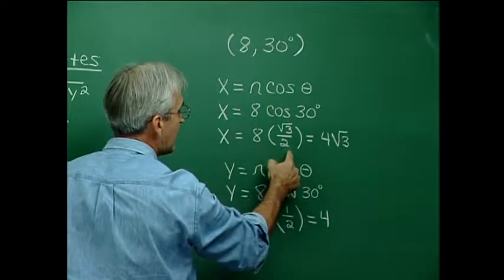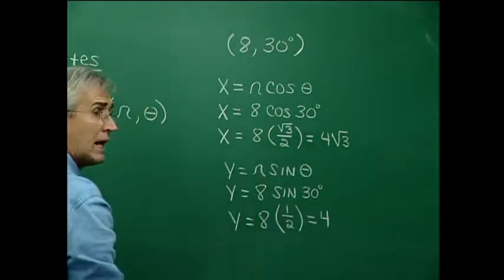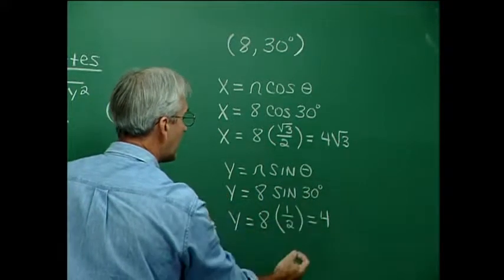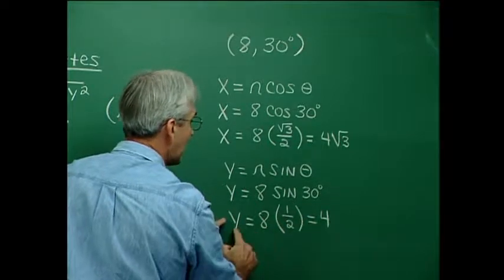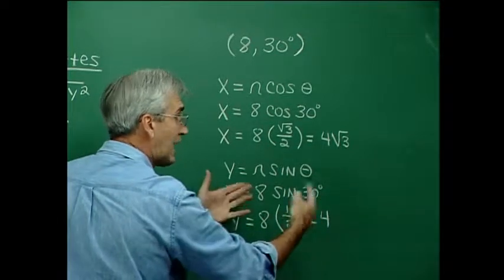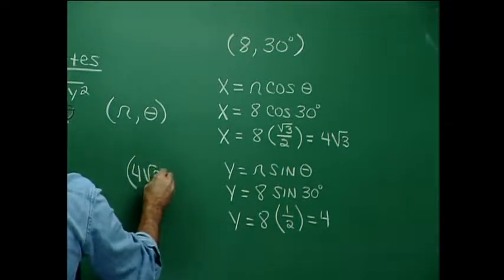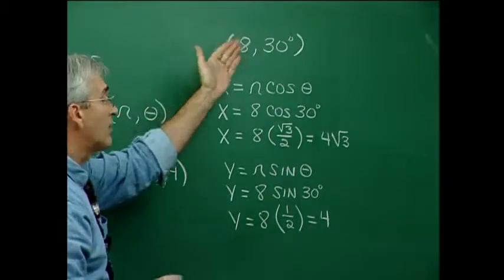The 2 and the 8 cancel, leaving 4. 4 root 3 then is the x component. And then for y, it's r sine theta, so it's 8 times sine 30 degrees. Sine 30 degrees is 1/2, half of 8 is 4, so the y component is 4. And the rectangular coordinates then would be (4 root 3, 4), corresponding with (8, 30 degrees).